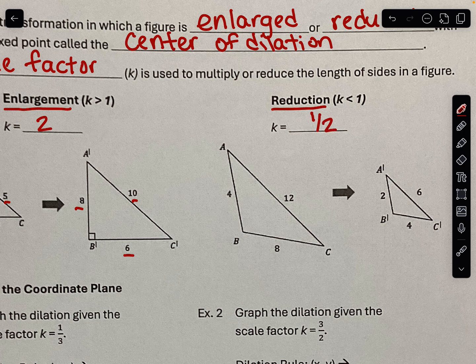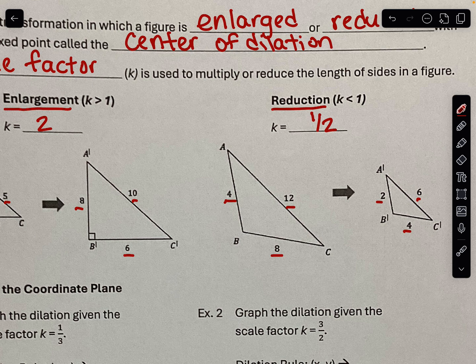It's fine if you automatically think dividing by 2, but then you need to say what's the same as dividing by 2? Multiplying by 1/2, okay? Because half of 4 is 2, half of 8 is 4, half of 12 is 6, okay? So every side length has to be multiplied by the same number.